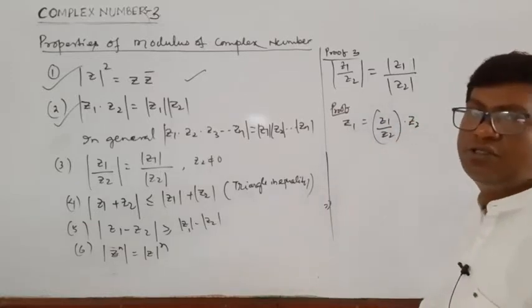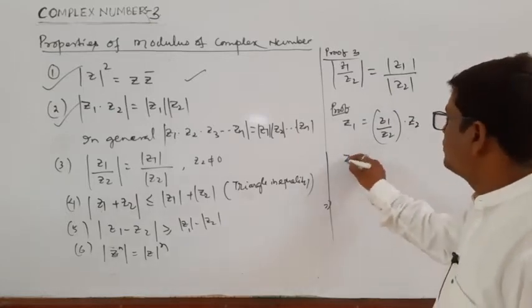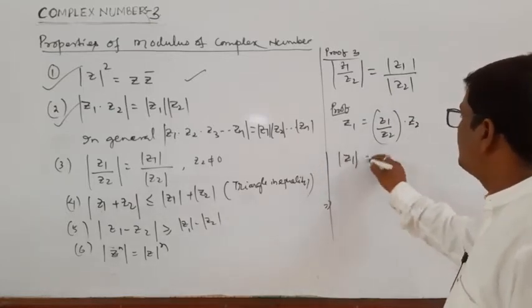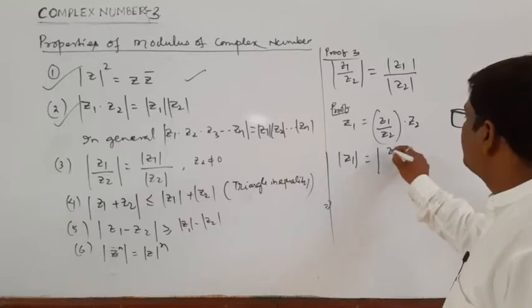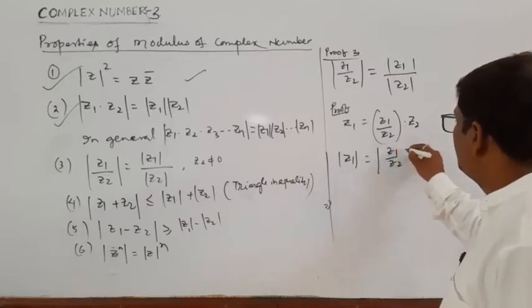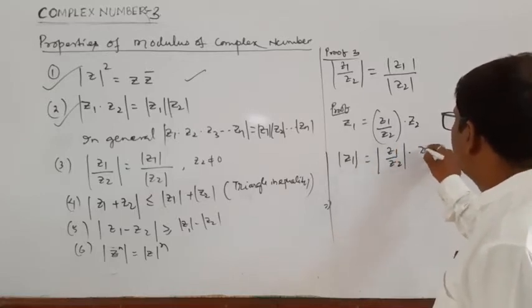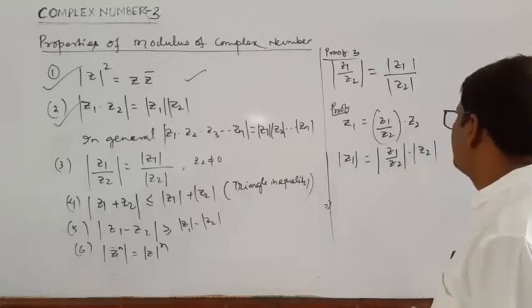Taking modulus on both sides, mod z1 is equal to mod of z1 by z2 into mod z2.